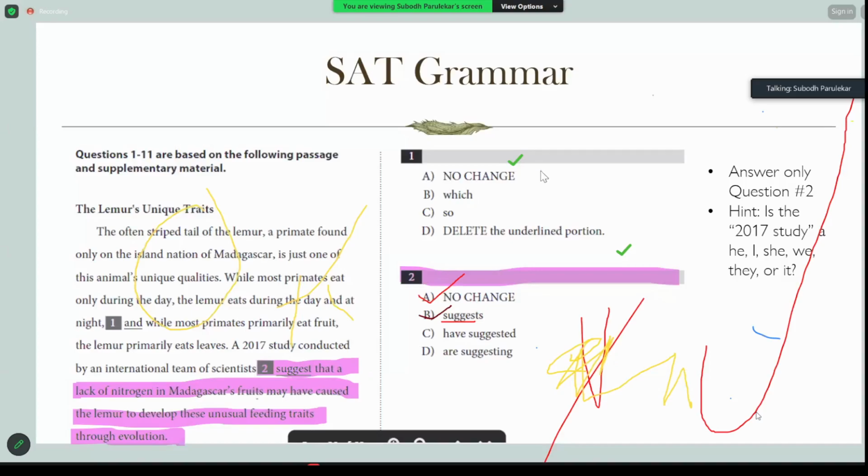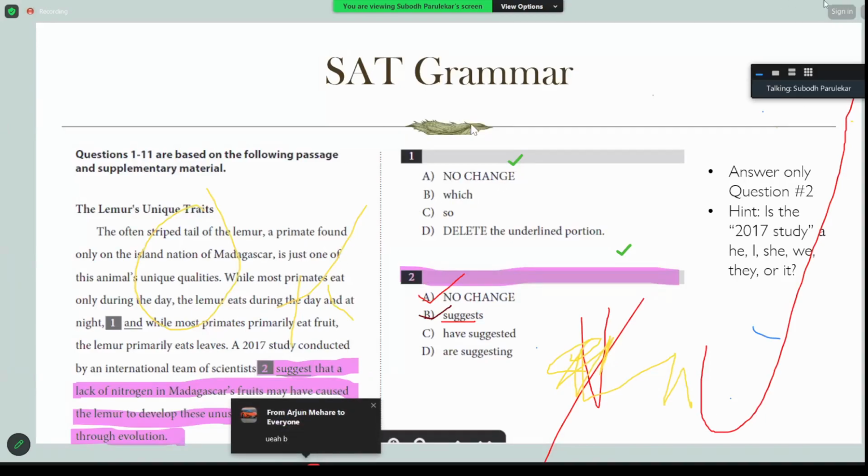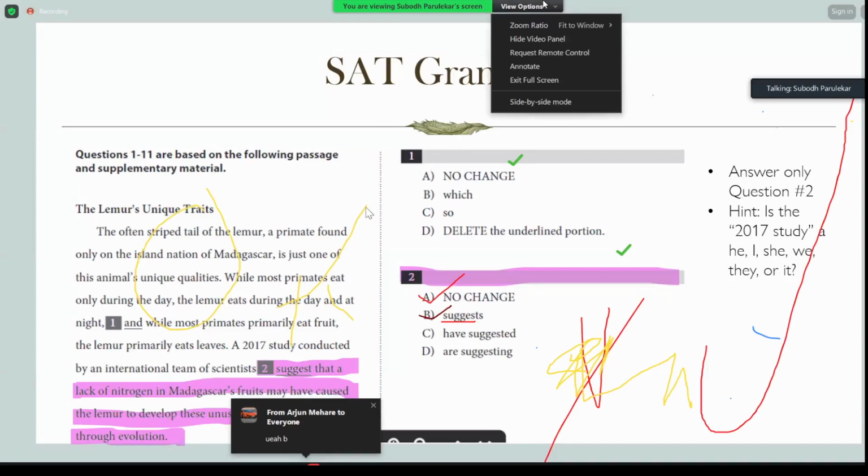Yes. Okay, so this is a grammar passage from the SAT grammar section. SAT is a standardized test that we take in the world, actually, but this is an SAT grammar passage. So right now on the board, you can see 2 questions, right? Number 1 in black, and then on the right side, number 2.